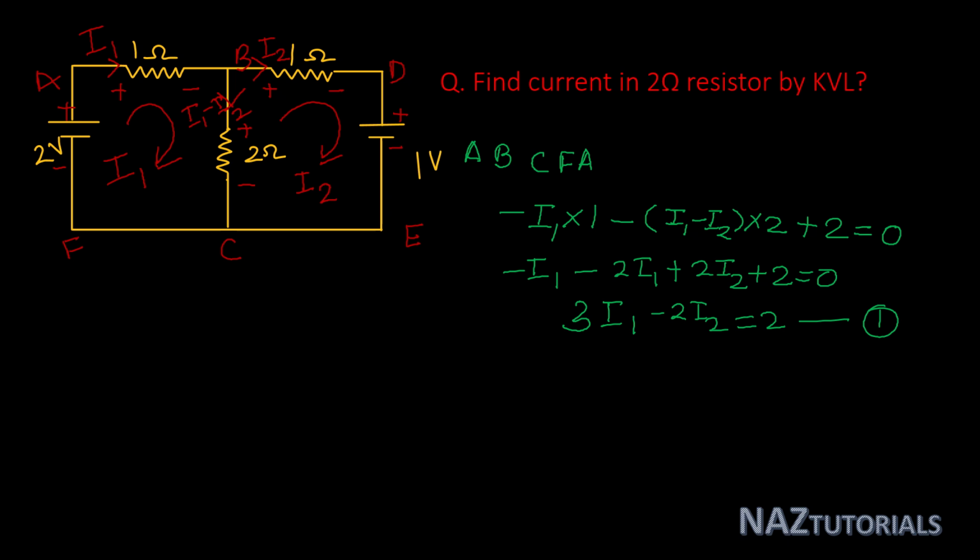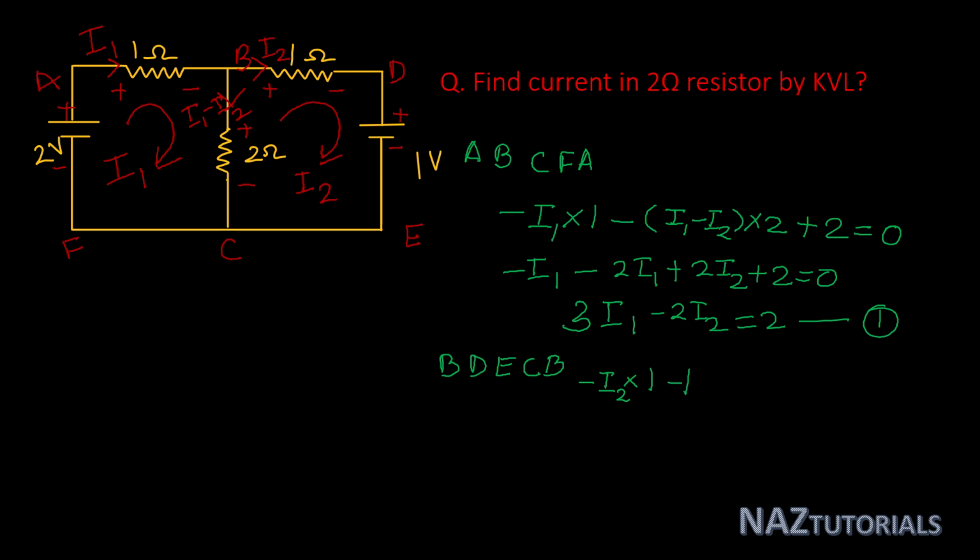Now come to the second loop, loop B, D, E, C, B. Write the KVL equation from B to D: minus I2 into 1. Next, D to E or D to C, you can say a battery that gives a fall in voltage, that is minus 1.